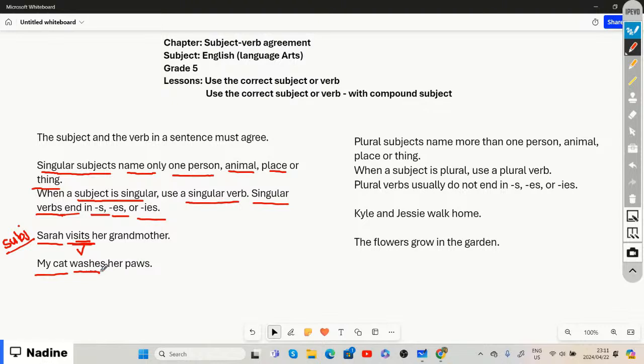This ends with an es, and this is our verb. So that is singular. When the verb ends with s, es, or ies, then it is a singular verb.